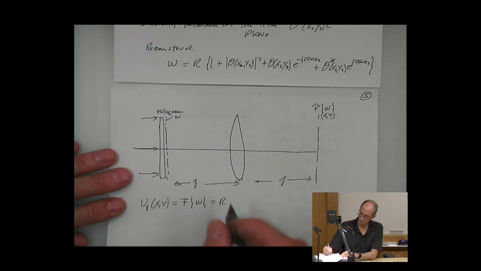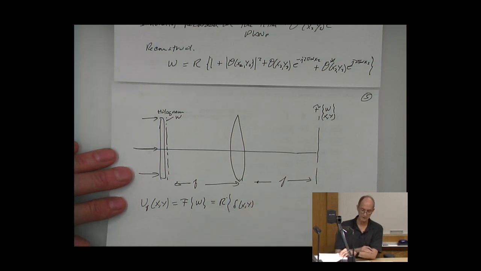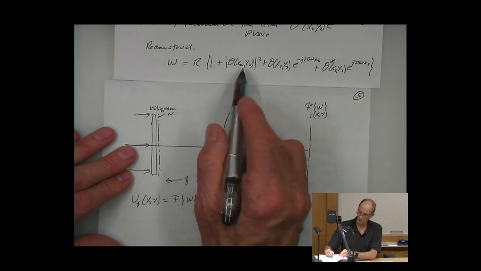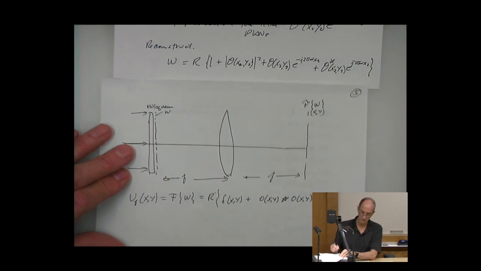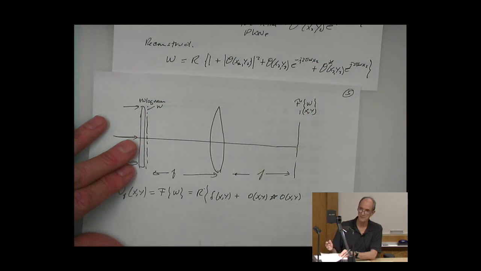So the first component is a delta function located right on the axis. The second term is the autocorrelation of the object wavelet itself, right? So here we have O of x, y, and we have the autocorrelation with itself. And then out here we have, again, this with the phase term.